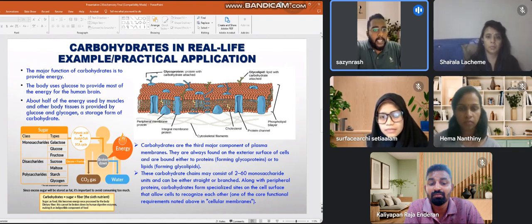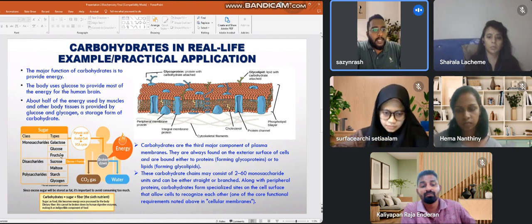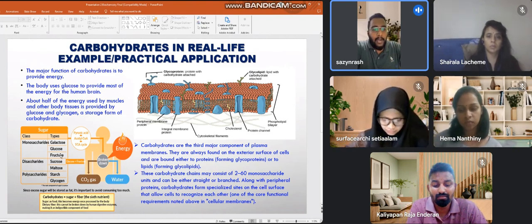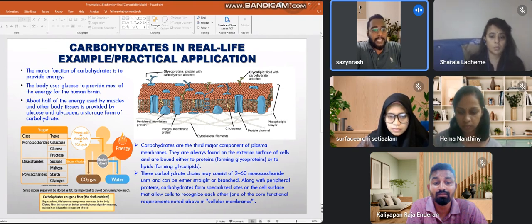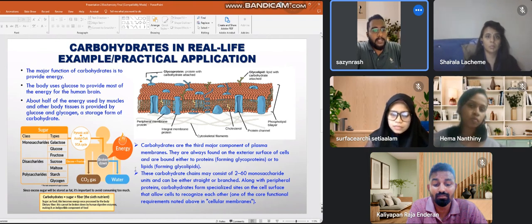These carbohydrate chains may consist of 2 to 60 monosaccharide units and can be either straight or branched. Along with peripheral proteins, carbohydrates form specialized sites on the cell surface that allow cells to recognize each other, which is one of the core function requirements noted above in cellular membranes. The next slide goes to Hema.